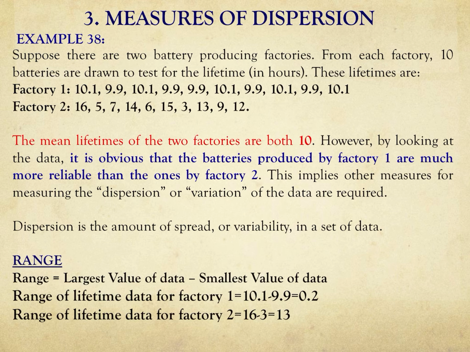Let's move on to the next measure in statistics, and that is measures of dispersion. The first set of measurements we looked at measures the location of a data value within the data set. The second identifies the position of a data value within the data set.